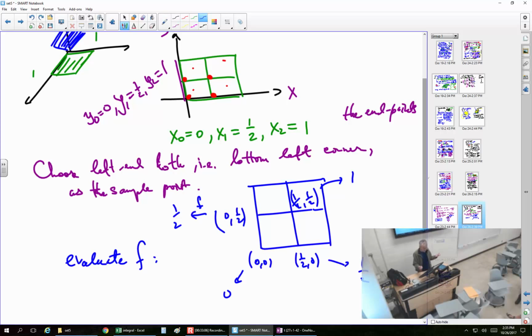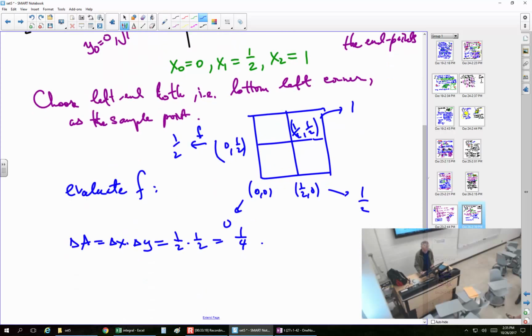Okay, and then not to forget to multiply by the areas. So delta A is delta x times delta y. In each case, it is 1/2 times 1/2, so delta A is 1/4. And so I just add the values of the function, those 4, multiplied by 1/4.